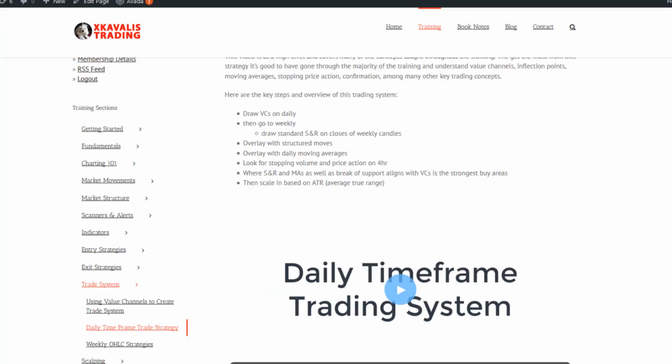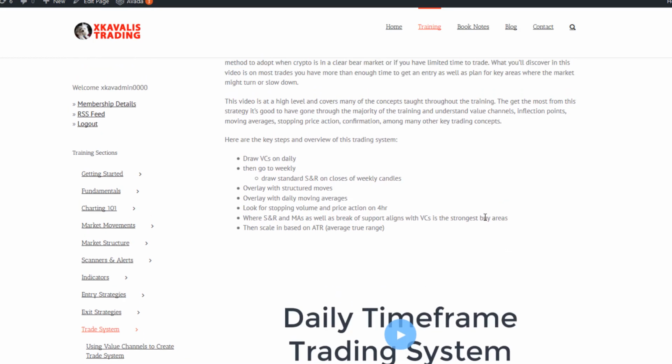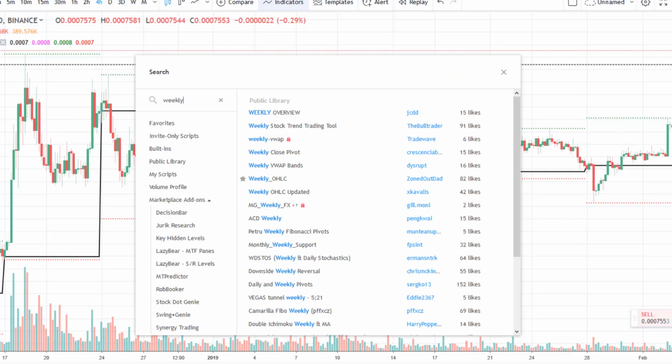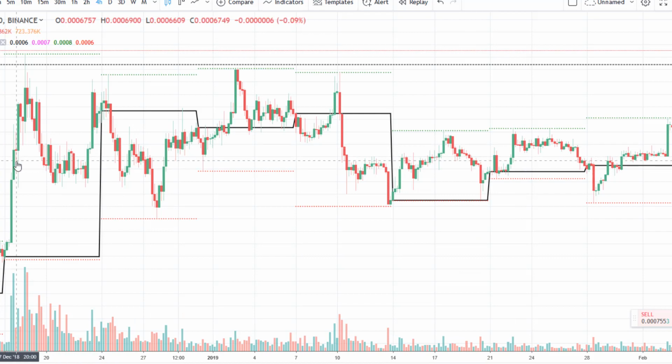This, in conjunction with the daily time frame trading system that I released, would be a strategy that anybody, at any trading level, could implement. So this is one of those indicators that could be the backbone of a very strong trading strategy. Let's jump into this and talk about what's here.